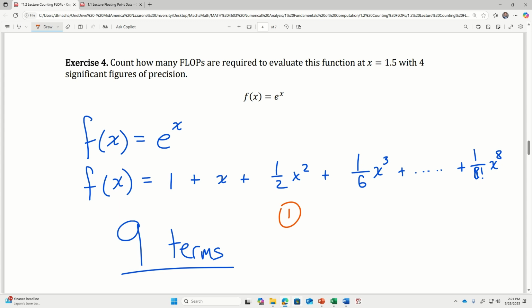So to get up to x to the 8th, I'm actually going to need 7 flops. There's going to be 7 times where I have to multiply x times x to get x squared, up to the 8th power.